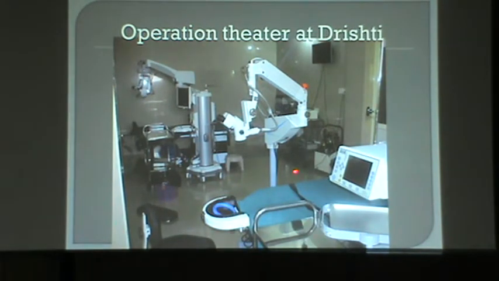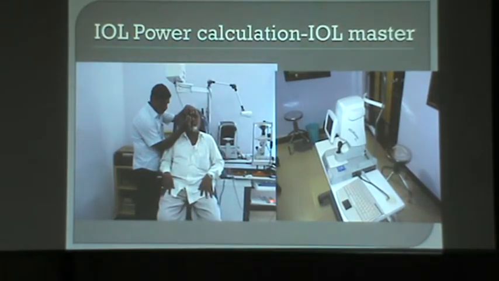So this is our OT. There are fewer people and more machines. You are more than us here. This is my OT, how my OT looks. This is IOL calculation by biometry. This is an earlier biometry.